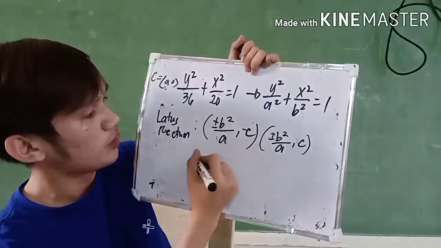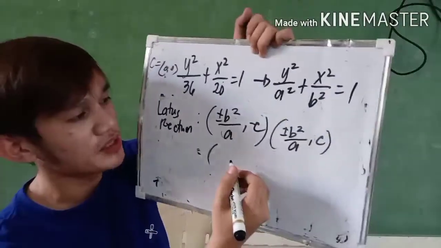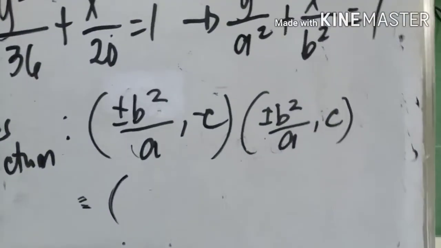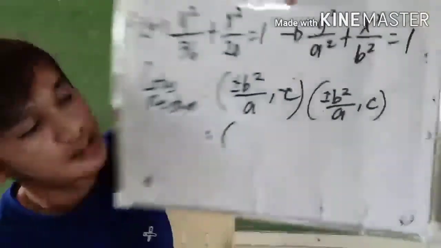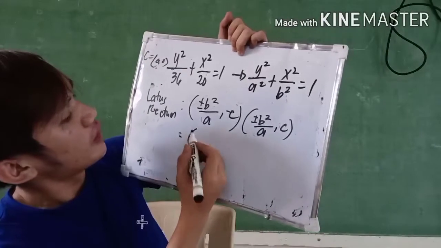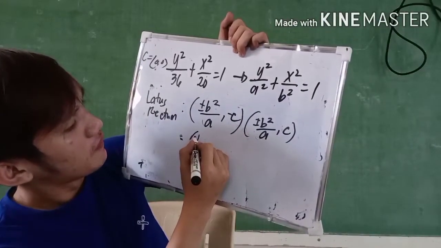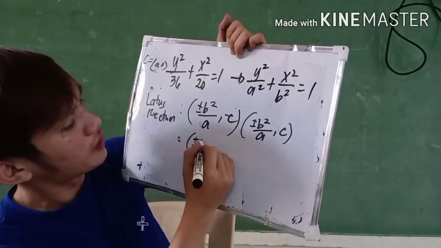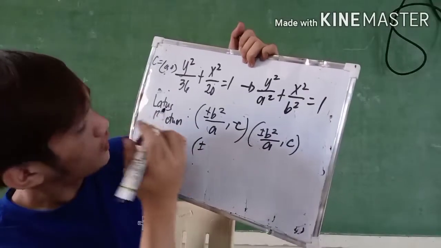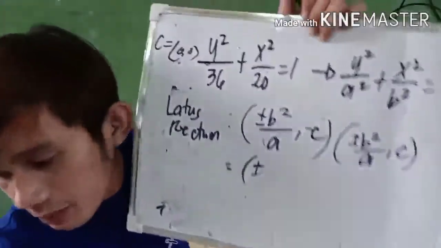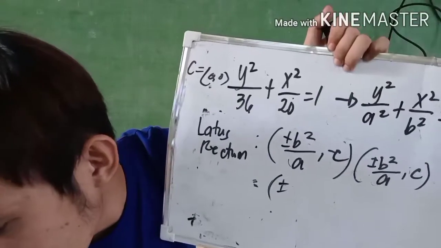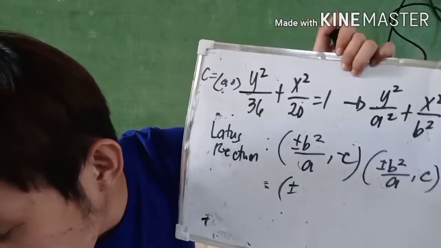Okay? So this will be plus or minus b square. So plus or minus b square is, ano nga ang b natin? Our b is square root of 20.